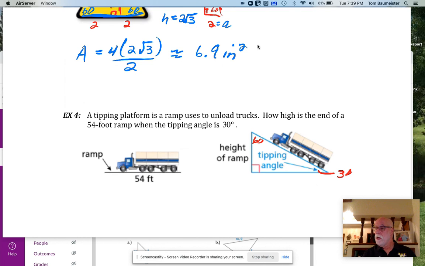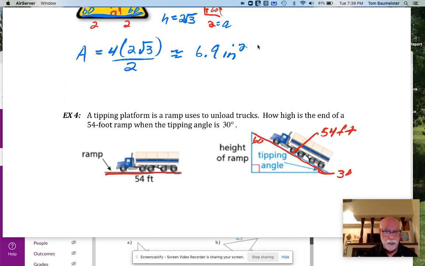And we know that our height of our ramp, so now just a mind to think about it. This is our ramp. When it's tipping, this is still our ramp. That is still 54 feet.